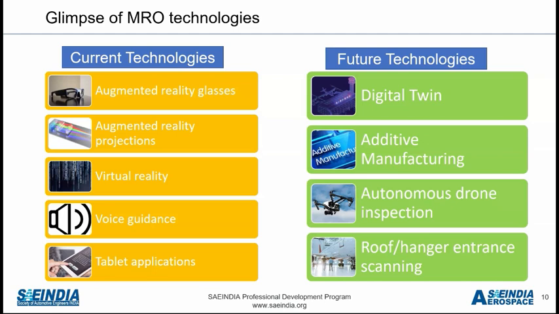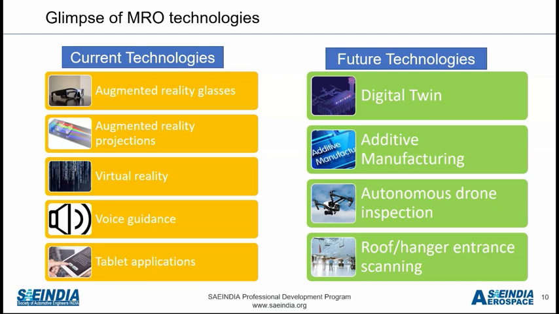Then the last technology I wanted to bring up was roof or hangar entrance scanning. If you see from this image, as soon as the aircraft starts entering from the gate of a hangar, at the top of the gate of the hangar there will be a lot of scanners.